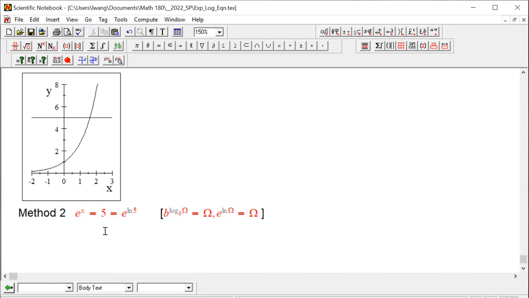All right. So once we have done that, you can see x is going to be ln 5. And we understand we can do this because e to the power x is a one-to-one function, right? e to the power x is a one-to-one function.